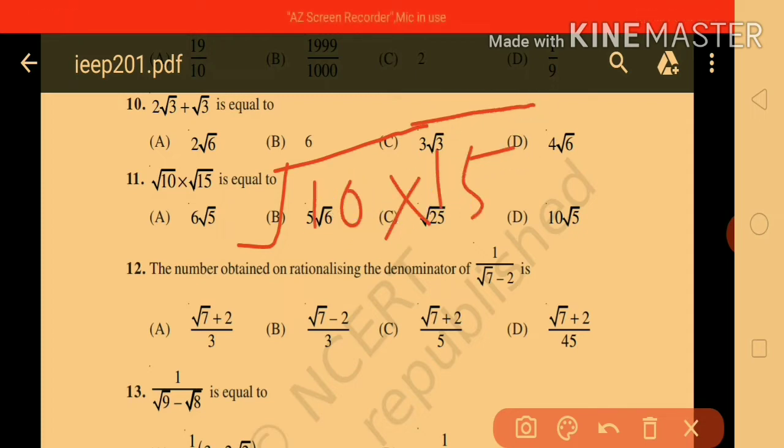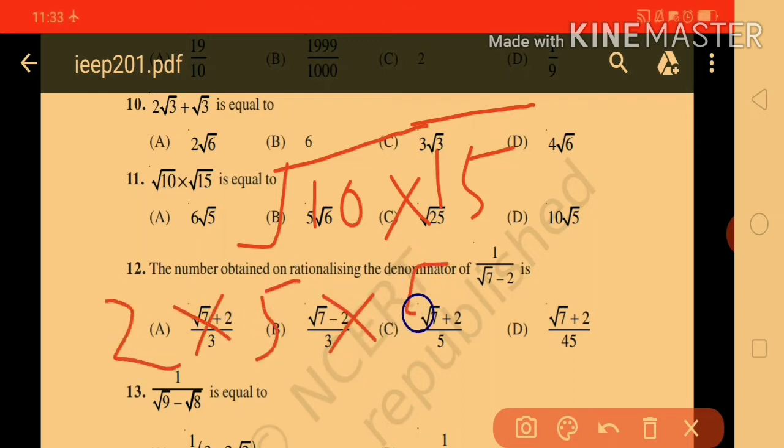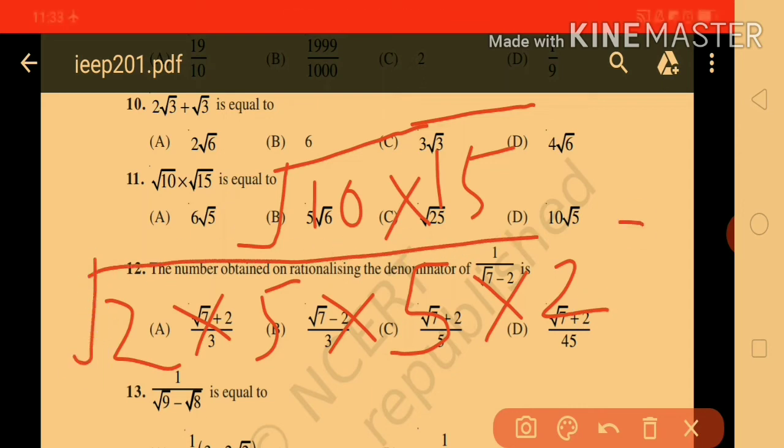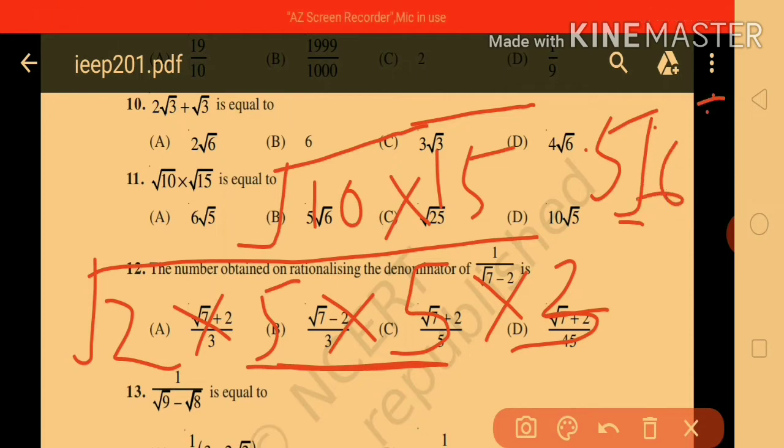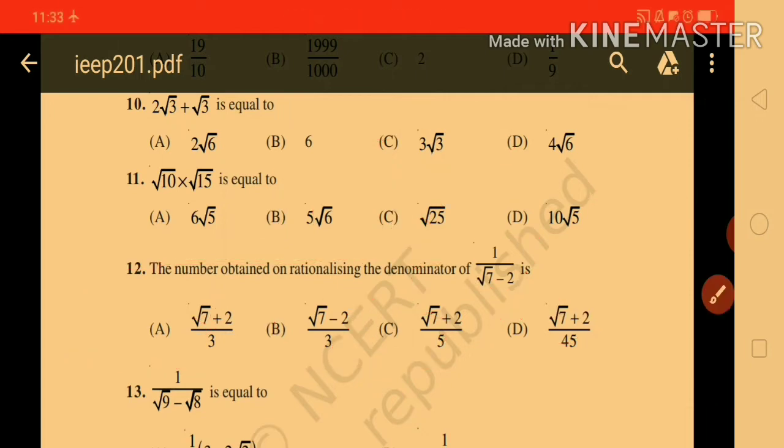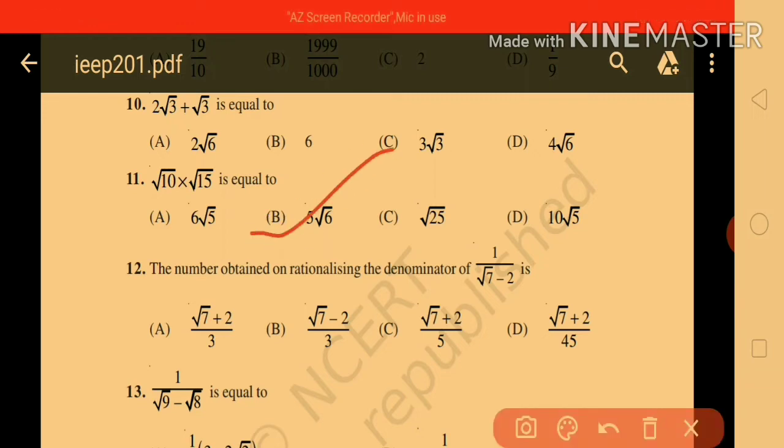Root 10 can also be written as 2 into 5, and 15 can be written as 5 into 3. Here we have 5 square, so it will come outside the bracket, and 2 threes are 6 will remain in the bracket. So 5 root 6. Let us see which option shows 5 root 6. It is B answer.